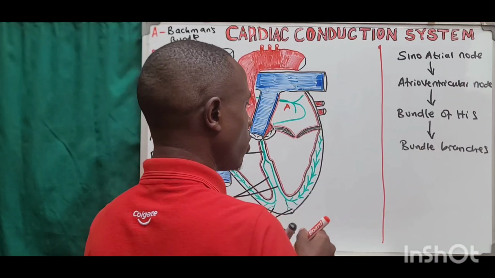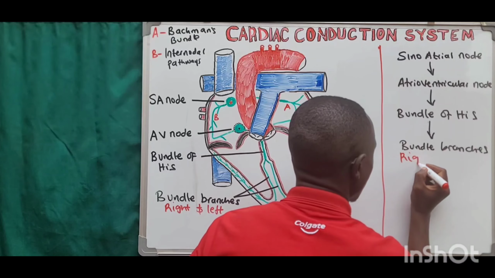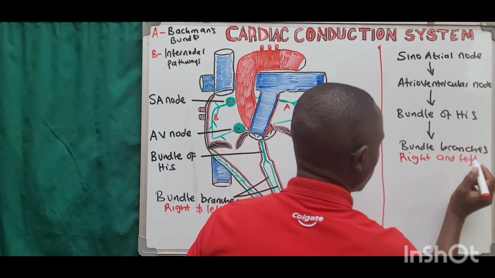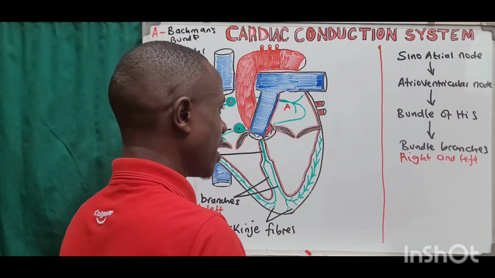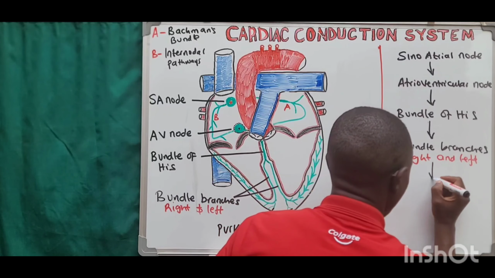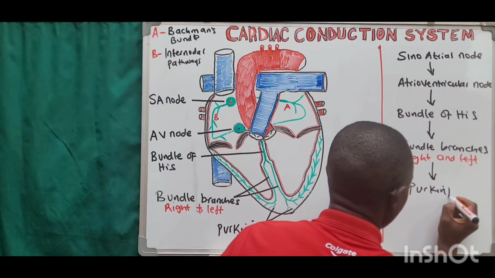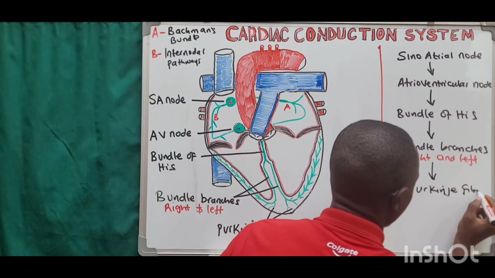And we have said that the bundle branches are going to be having what we call the right and then the left bundle branch. And then finally, from the bundle branches, our action potentials will reach what we call the purkinje fibers.